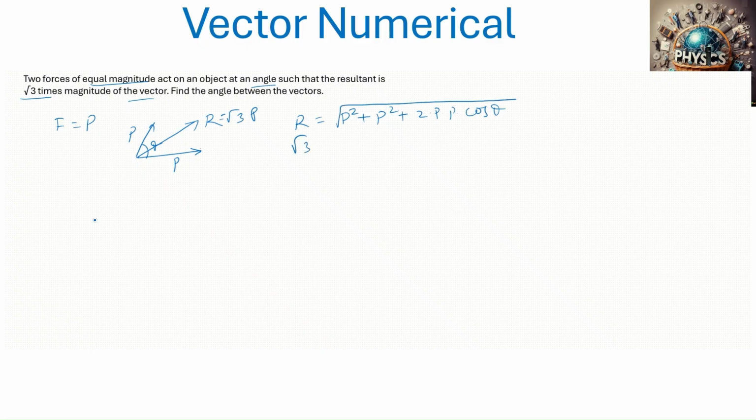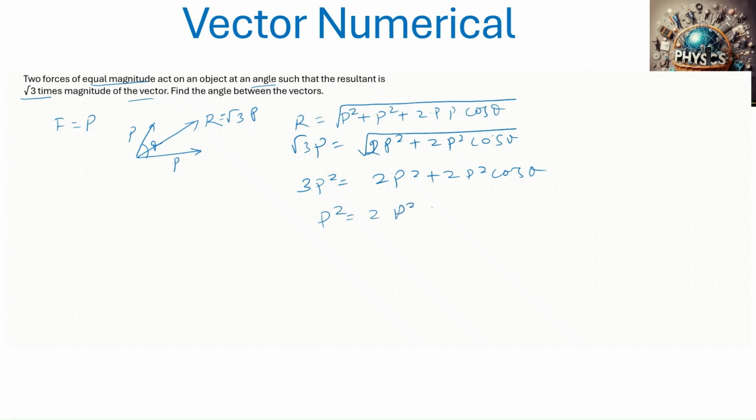So root 3 P equals the square root of 2P square plus 2P square cos theta, which means 3P square equals 2P square plus 2P square cos theta. Taking 2P square to this side, we get P square equals 2P square cos theta. So cos theta is equal to 1 by 2, or theta equals 60 degrees.